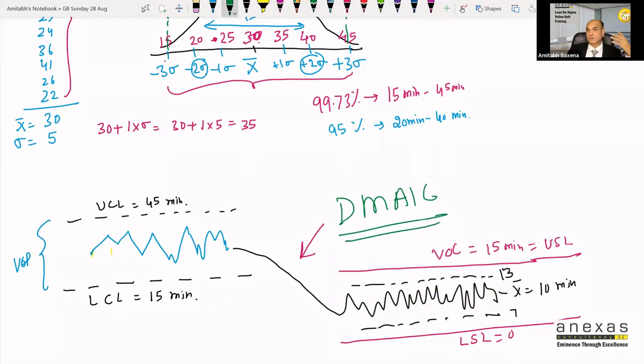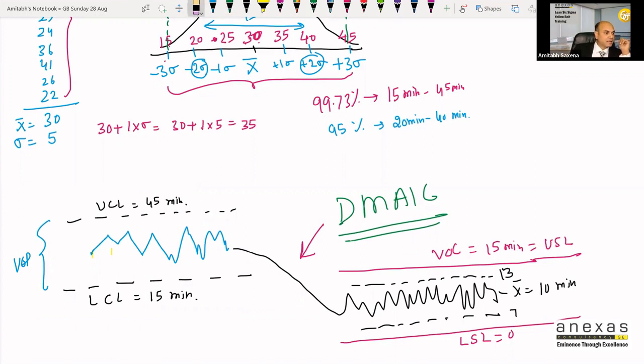So let us talk about what is DMAIC: define, measure, analyze, improve, and control. And before I go to that, what does LSL mean? Specification limit. LSL means lower specification limit. SL means specification.